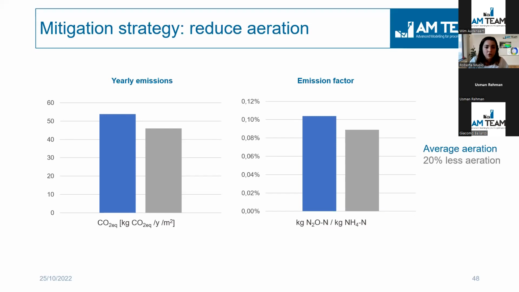Quantifying the emission, it is clear from this graph that reducing your aeration is an effective measure to reduce the CO2 equivalent emission, and also the emission factor is lower. However, it is also important to highlight that, although it is an effective mitigation strategy, we could see some negative side effects.